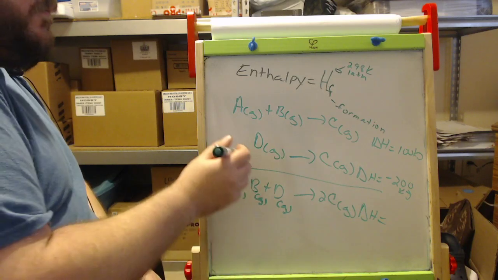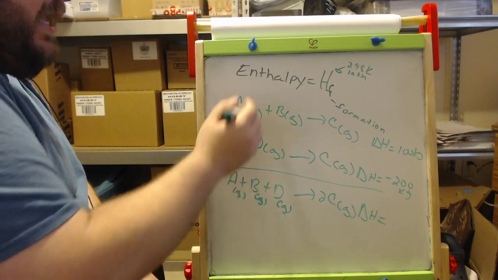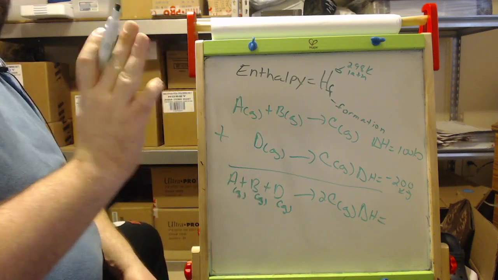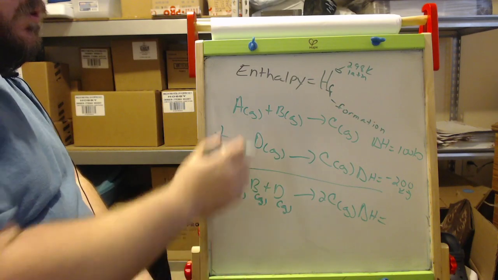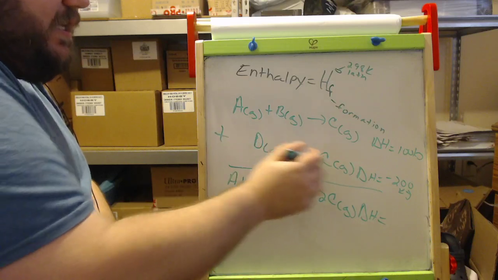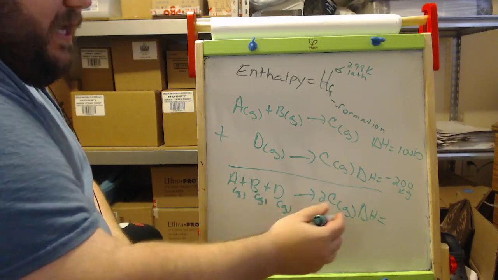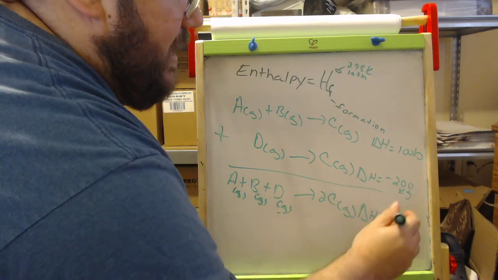Okay? Well, if you don't realize it, all I'm doing is adding these two reactions together. A, B, D. We're doing algebra. We're adding two equations together. So if I add A plus B yields C to D yields C, I would get this down here. Hess's law says then add these two together.